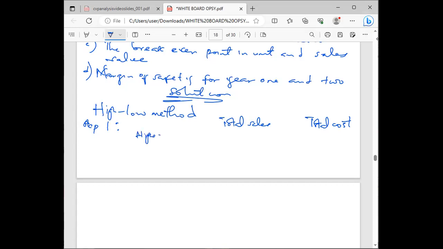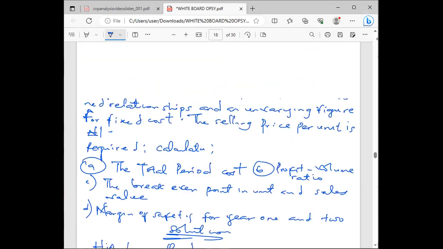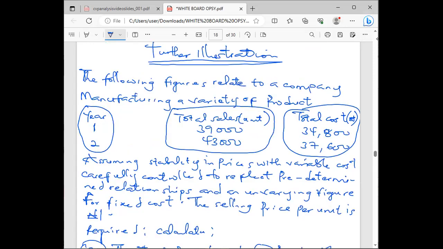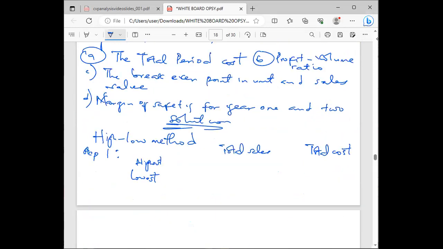So I'll come here, I'll say highest, lowest. My highest can be found in what year? Let me put it with respect to sales, total sales in units. My highest is in year 2, where I have 43,000 units, and lowest is in year 1, 39,000 units. So sales in units, and then this total cost is in naira.